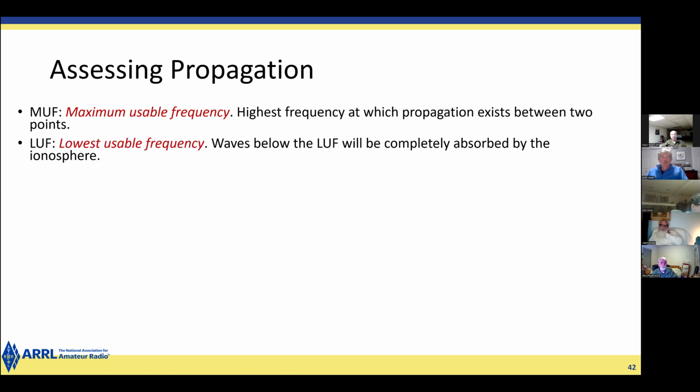There's the lowest usable frequency, which is the lowest frequency that's usable for propagation between 2 points.